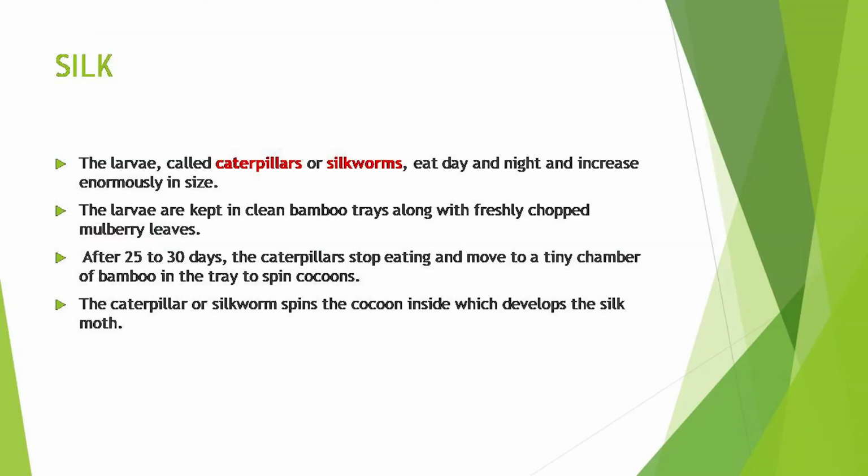The larvae are kept in clean bamboo trays along with freshly chopped mulberry leaves. After 25 to 30 days, the caterpillars stop eating and move to a tiny chamber of bamboo in the tray to spin a cocoon. The caterpillar or silkworm spins the cocoon, inside which develops the silk moth.